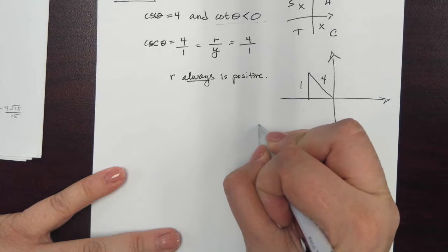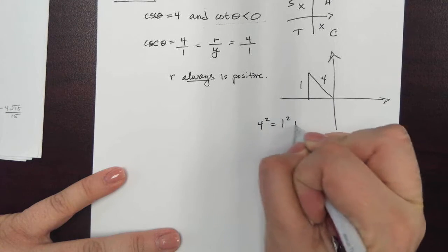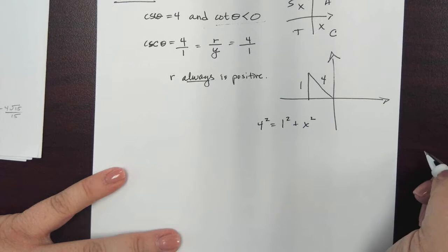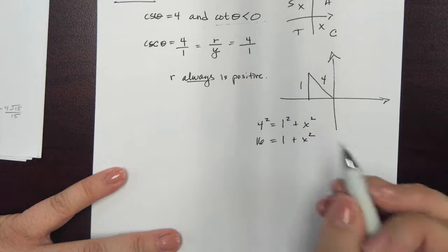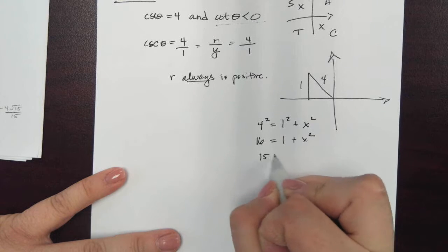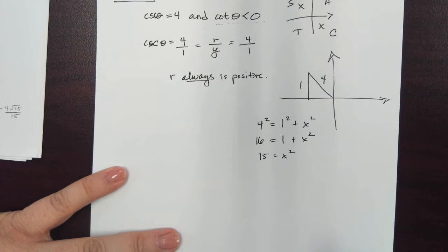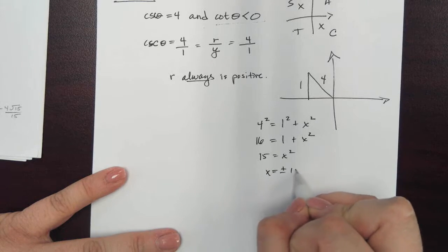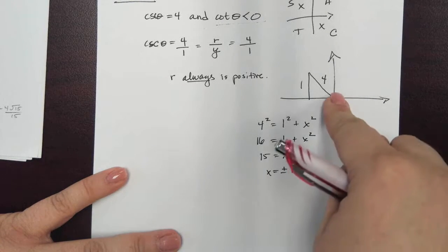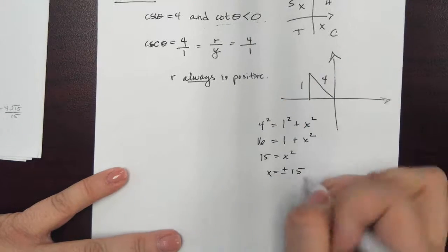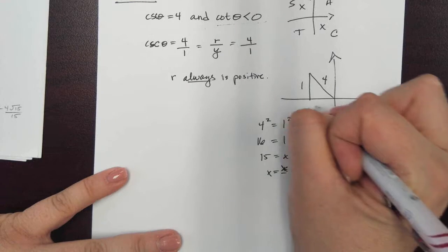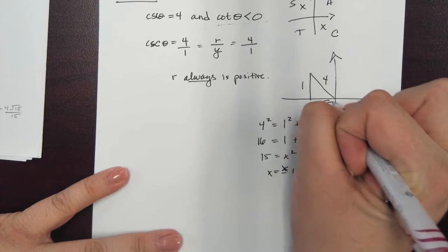So I have 4 squared equals 1 squared plus x squared, or 16 equals 1 plus x squared. 15 equals x squared. When I take the square root, it's always plus or minus, so x equals plus or minus square root 15. If it's in quadrant 2, x's are negative, so x equals negative square root 15.